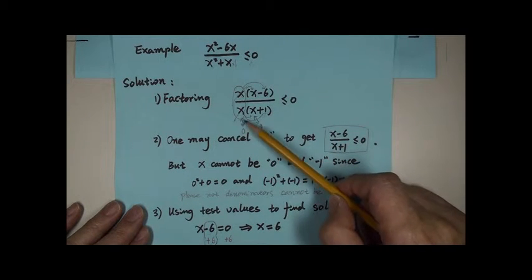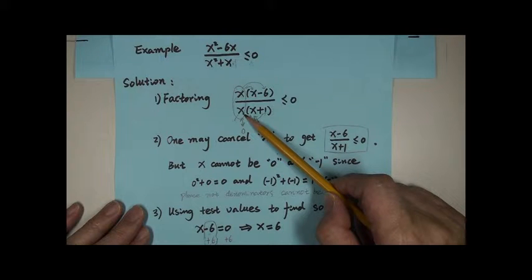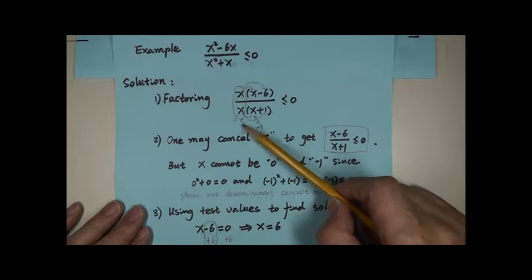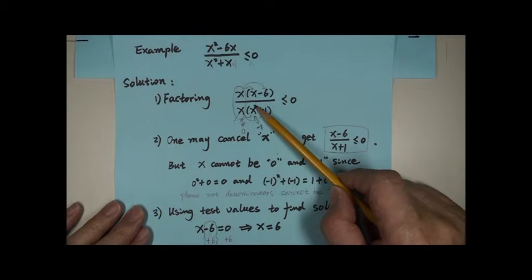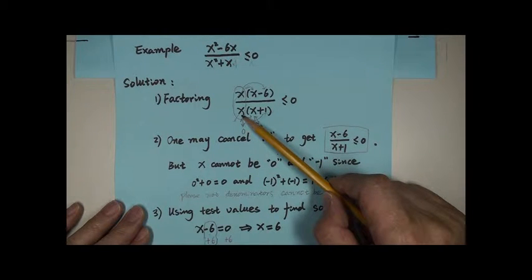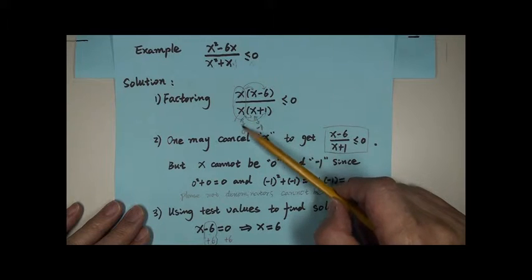Remember, when we factor this one, we find out x cannot be 0, because 0 times anything gives you 0. So this one tells us x cannot be 0.